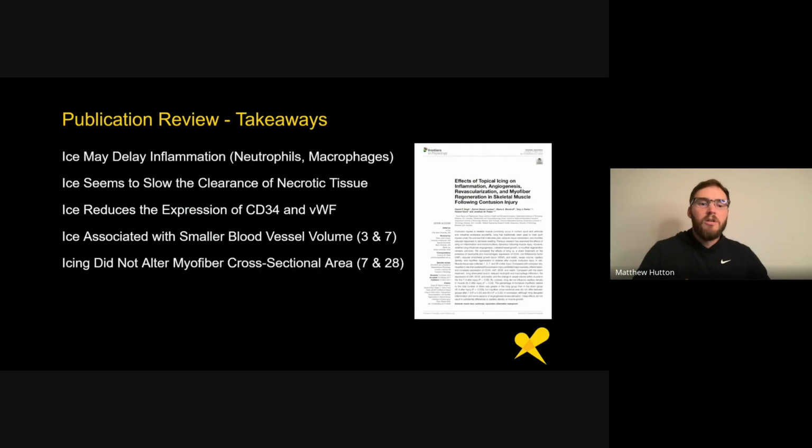I don't. But I think that the argument is that there's no evidence to suggest that ice is speeding up healing, and there is evidence that it decreases or delays inflammation. Therefore, we shouldn't be doing it. I think that's just, what would you call it, a straw man argument where they're saying, oh, well, ice isn't magic.